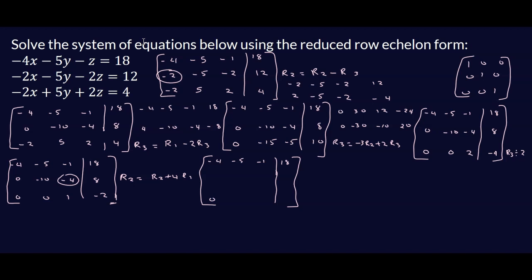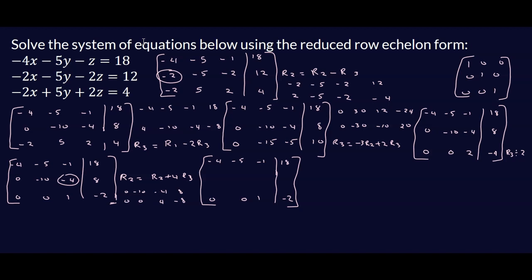So we have 0, 0, 1, -2. So row 2 is 0, -10, -4, 8. For row 3, let's write that properly. Row 3 is 0, 0, 4, -8.